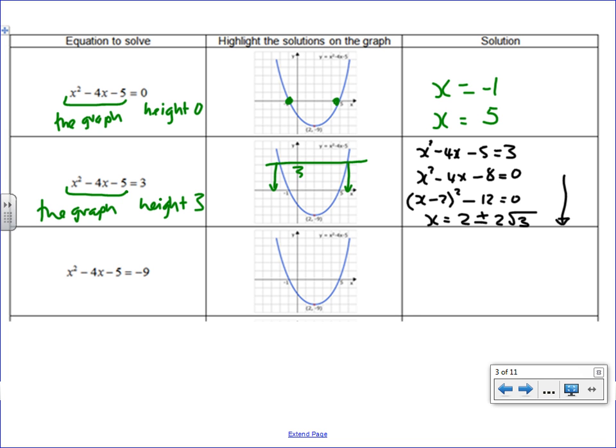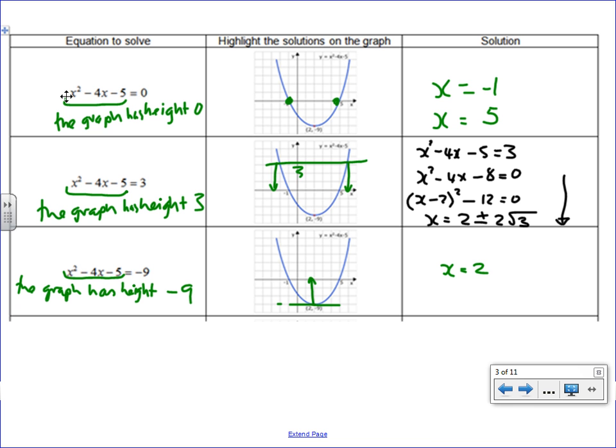The point is that the notation says the graph has height 3. The graph has height 0. This says the graph has height, well, you can't have a height of -9, but that sort of thing. That's here, only one of those points, x is 2.